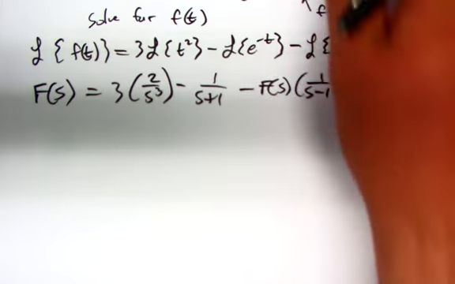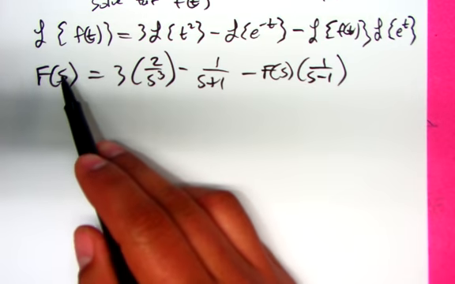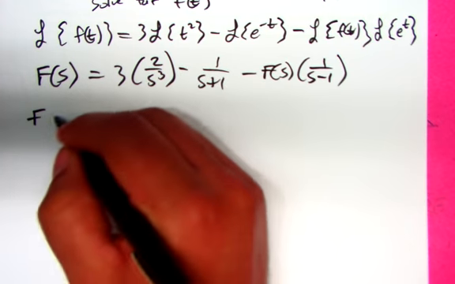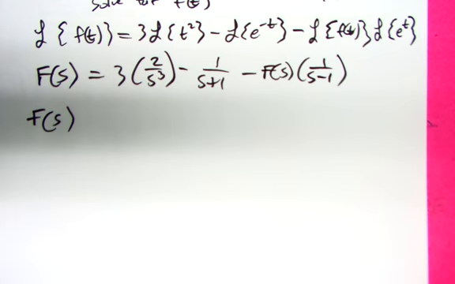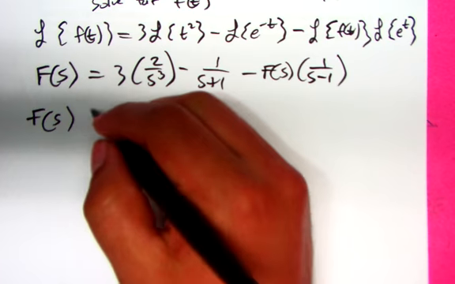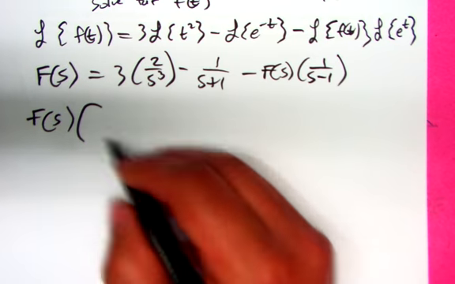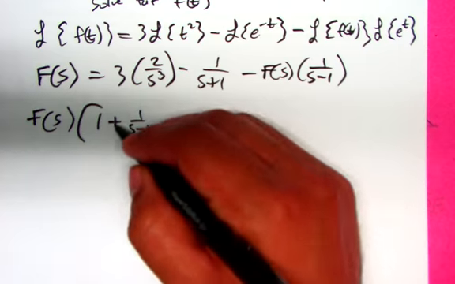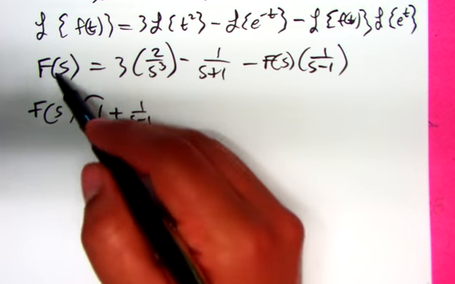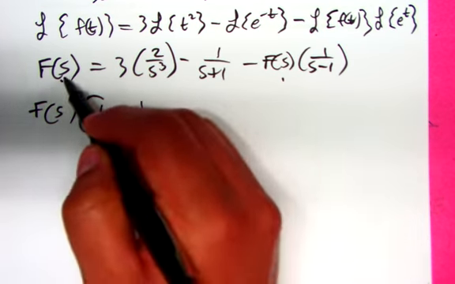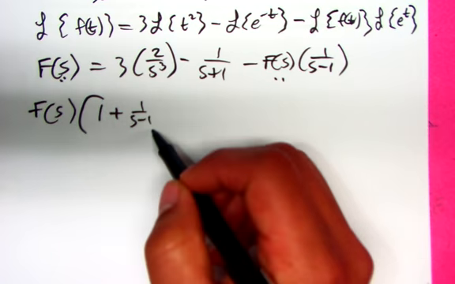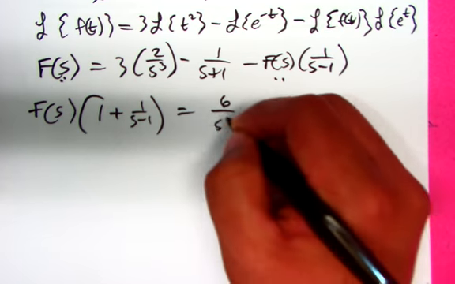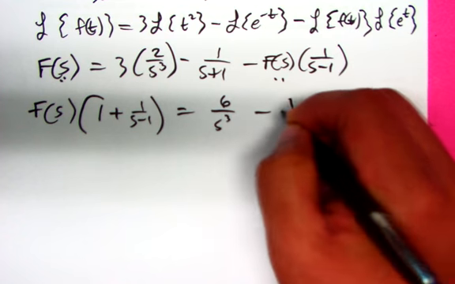So it's kind of like solving a differential equation in the sense that we first have to take the Laplace transform to find capital F of s. If we factor out F of s from the two terms, moving it over to the left, we're left with 1 plus 1 over s minus 1, and that's going to equal 6 over s cubed minus 1 over s plus 1.